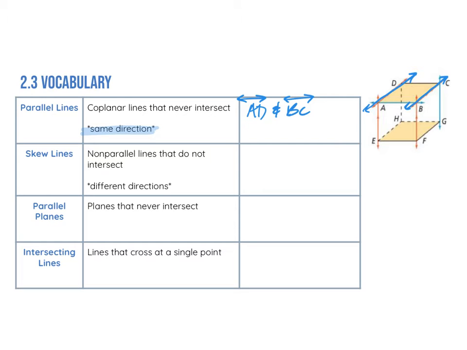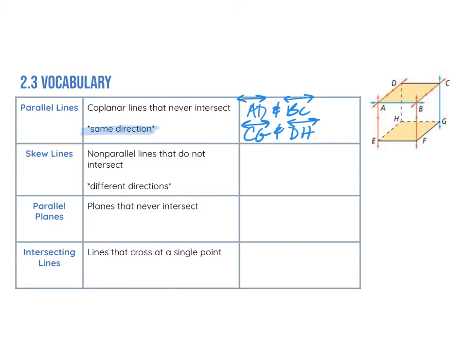I could also use a pair that goes up and down. So I could say CG, and I could say DH. That would be another pair. But again, in this particular picture, you would have lots of choices for parallel lines.